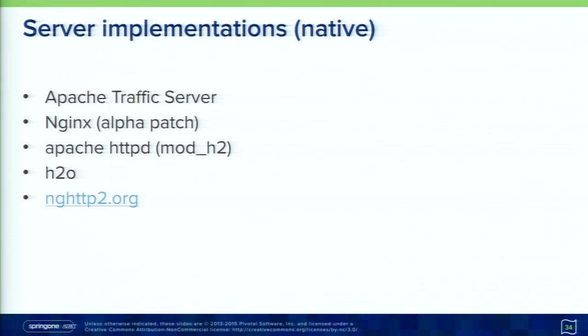It's really innovative, and a really good thing to check out if you're interested in the protocol itself. Also, there's a C library for HTTP2. If you're trying to implement your own client, you can use that library to have the protocol support for free. That's basically what curl, the C binary, is doing. Curl is using that library.